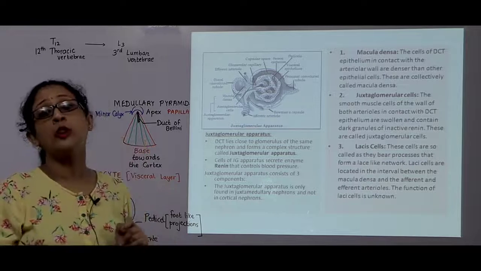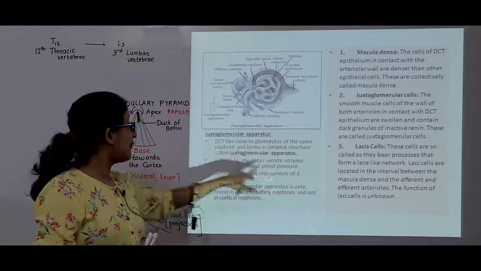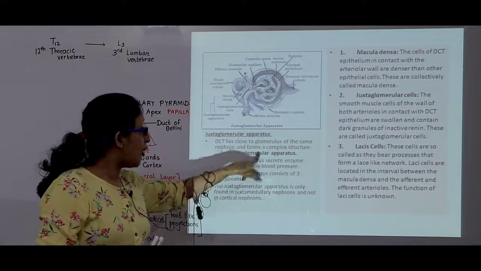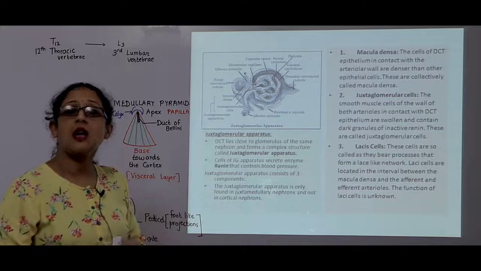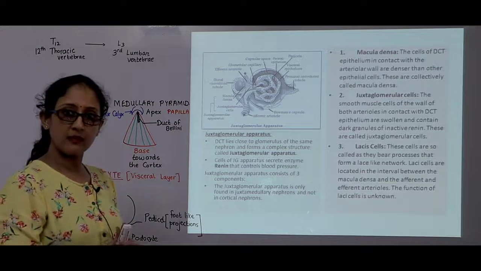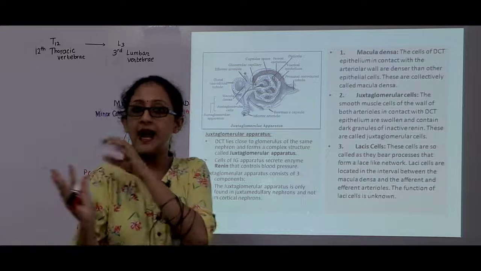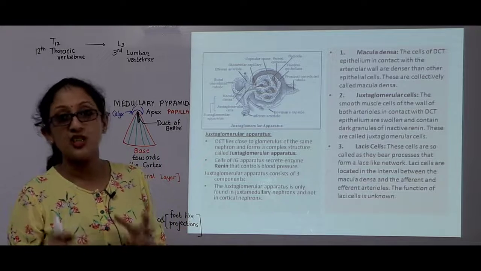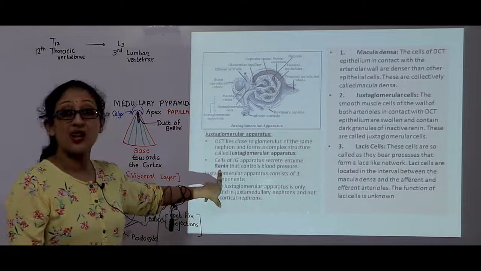The distal convoluted tubule lies very close to the glomerulus of the same nephron and forms a complex structure called the JGA, juxtaglomerular apparatus. Once again, the DCT and the glomerulus of the same nephron form the JGA. They release an enzyme called renin.